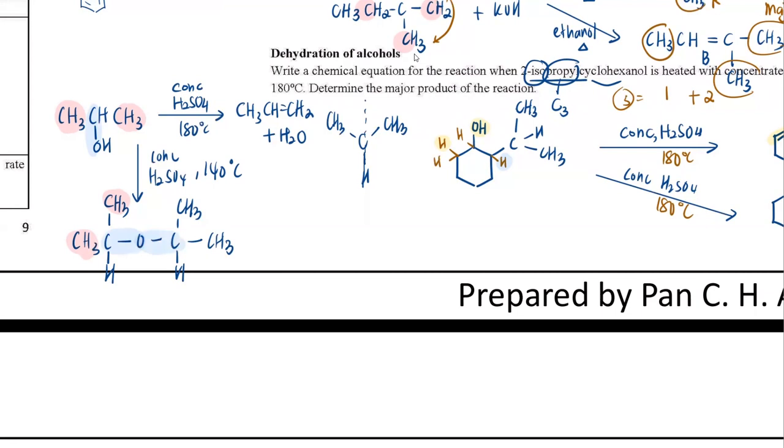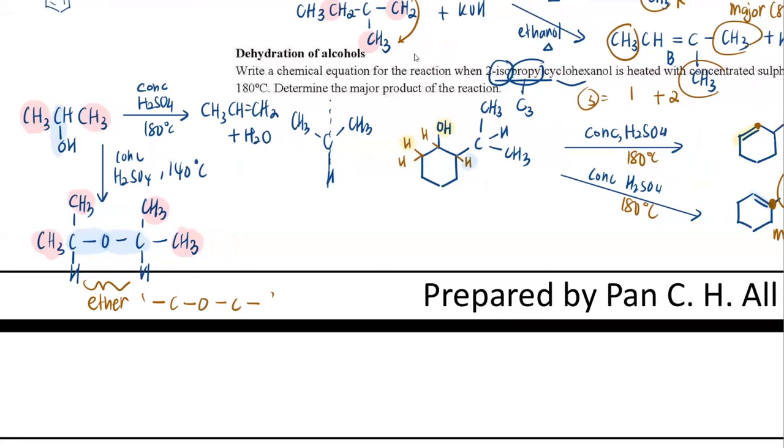So this C-O-C bond will be your ether. This is the formation of ether. The bond for ether is C-O-C.